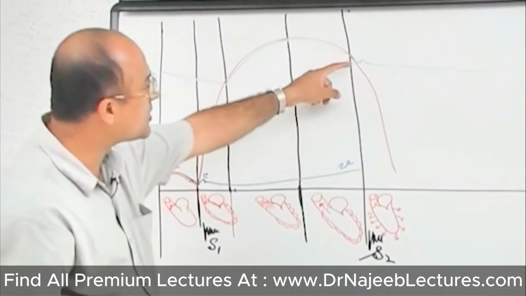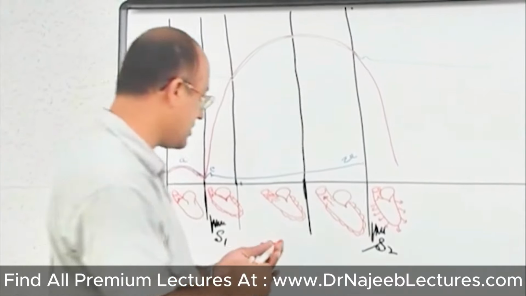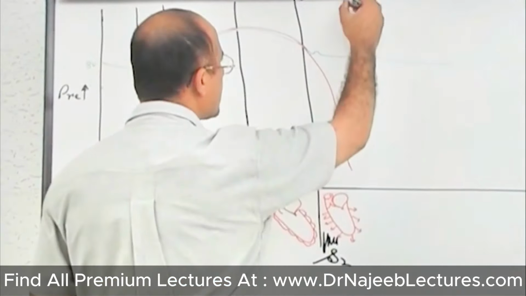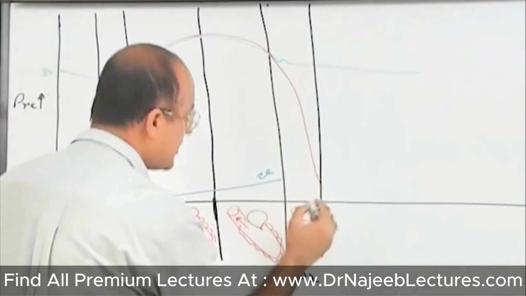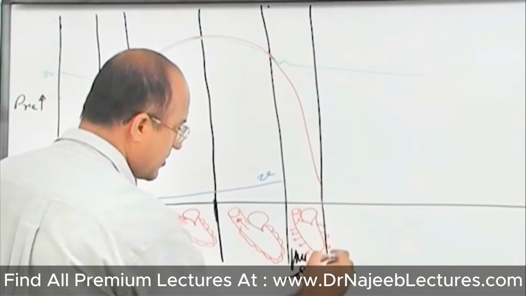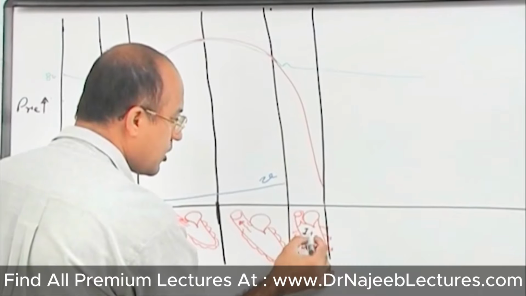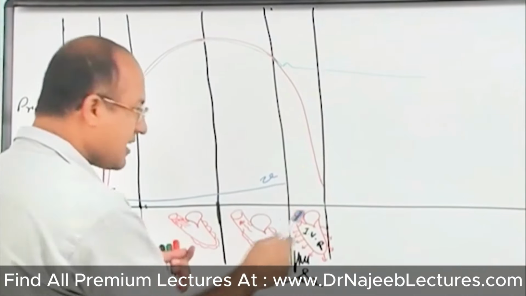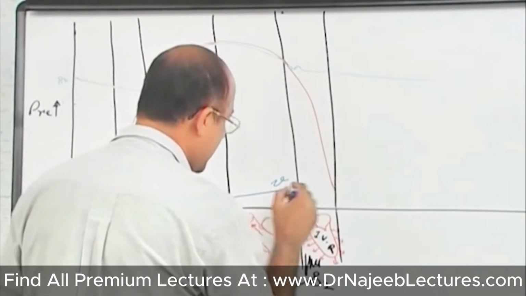So intraventricular pressure rapidly falls from aortic pressure back to atrial pressure. What was this phase? Isovolumetric relaxation. During this phase, the atrium was again working as a tank, as a reservoir.